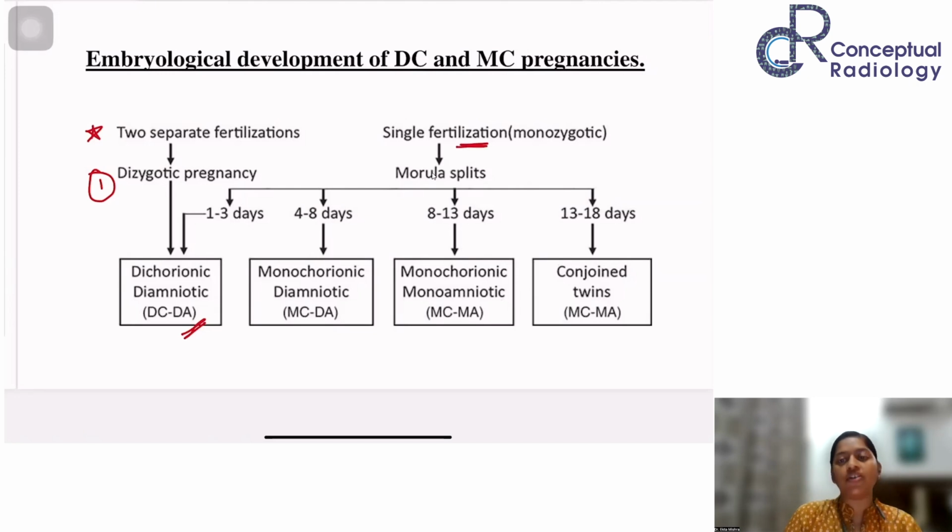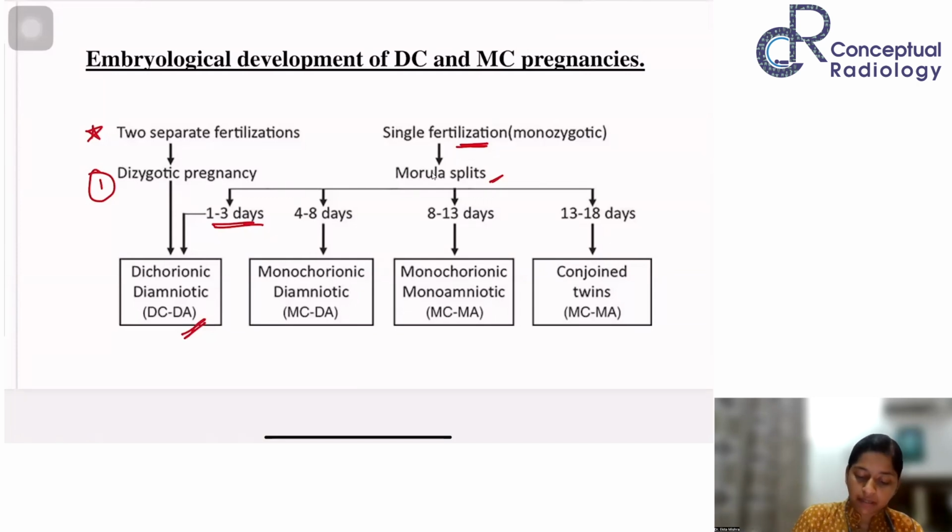There is a single fertilization. Once there is a single fertilization, this morula is now going to split into two embryos to give rise to twins. If the division is happening within 1 to 3 days, it will be the same as dichorionic diamniotic, because two cell lines, two chorions, two amniotic cavities.